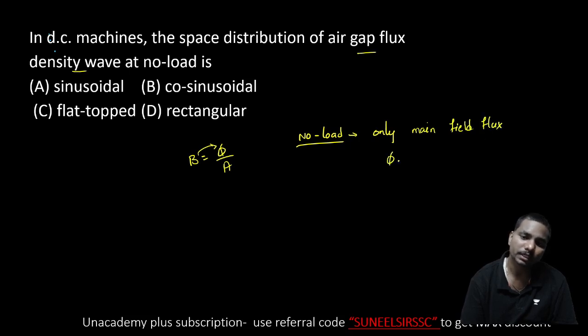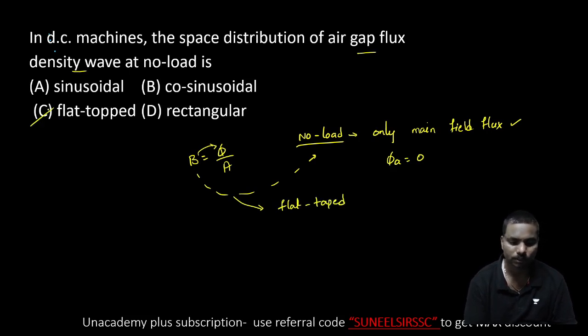Armature flux is absent, because it is no load. Only main field flux is there, so flux density also has the same waveform. Flux density also has a flat top. So the answer is option C.